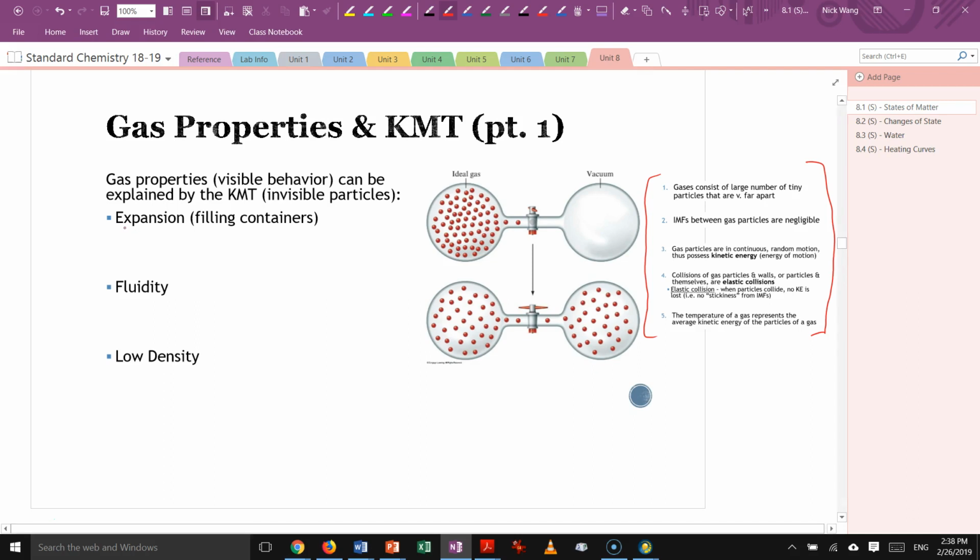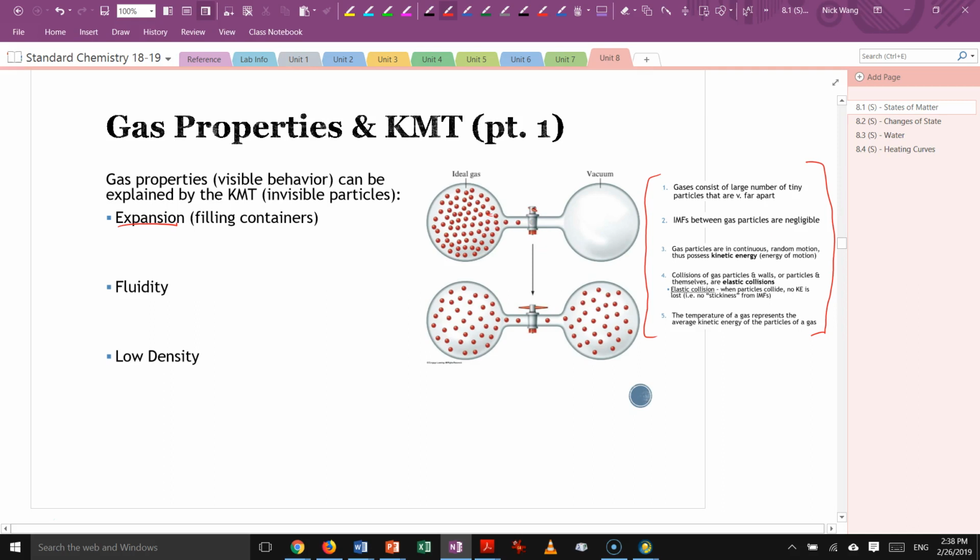All right, the first one is expansion. So gases will expand to fill their container. Expansion is illustrated by this guy right here. You have these 2 large vessels, one of which has a lot of particles, one of which doesn't, and you have this sort of stopper in between. This gas is all contained here.